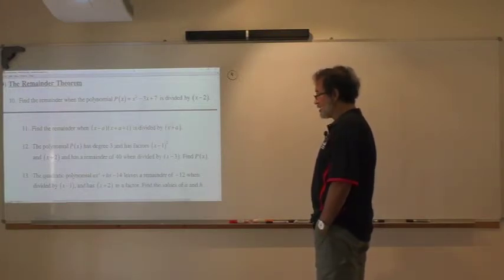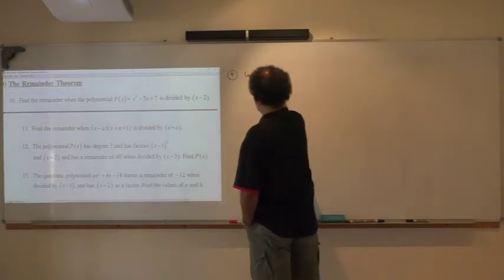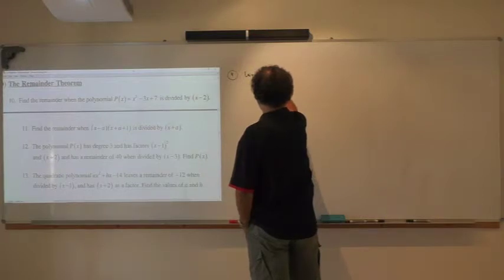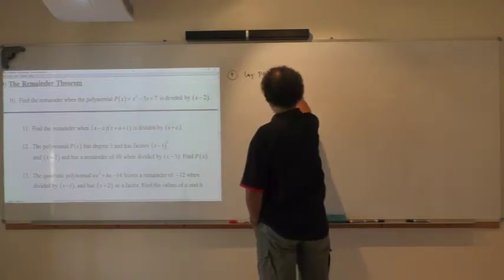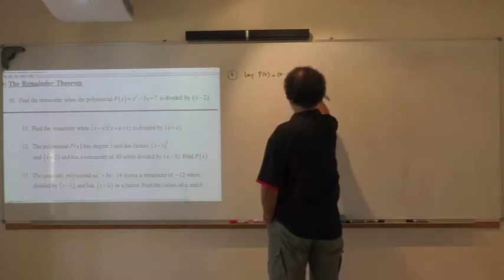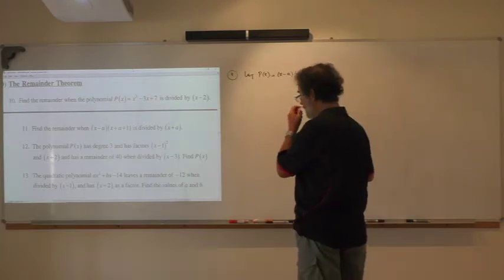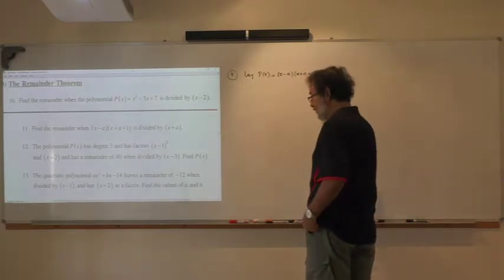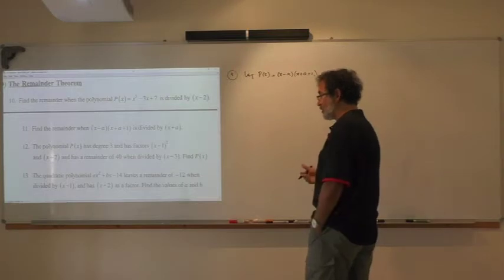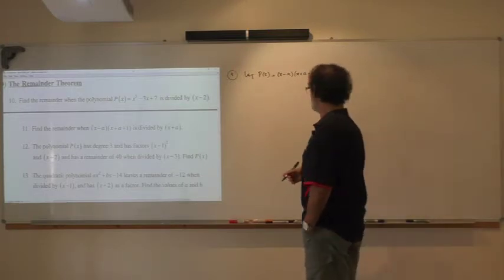Apparently this is another very easy question. We're going to let p of x be my polynomial, (x minus a)(x plus a) plus 1, and divide that by x plus a and find the remainder, but we're not going to be doing long division. We're going to be using this theorem.